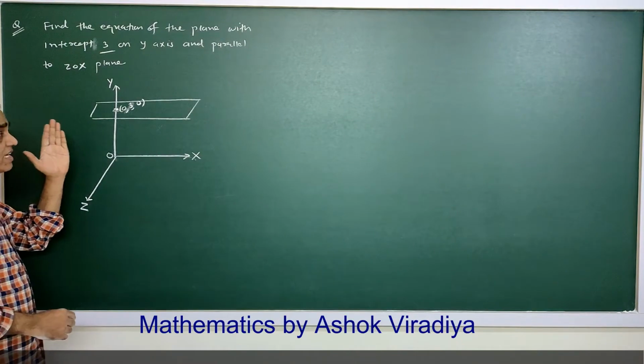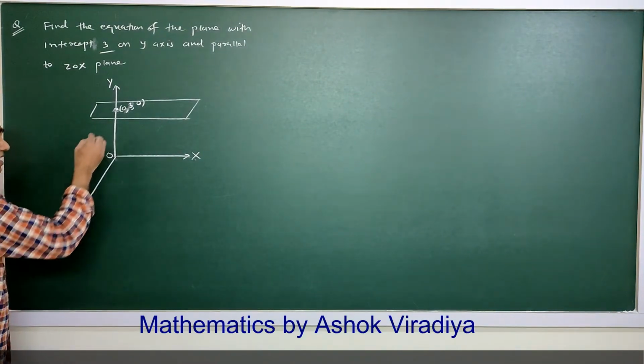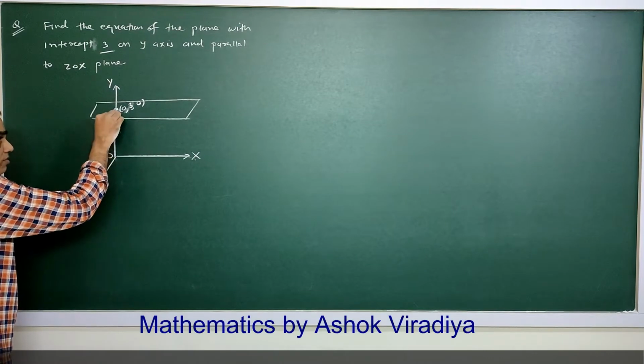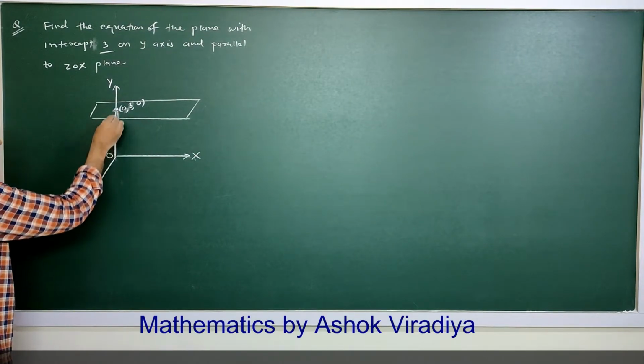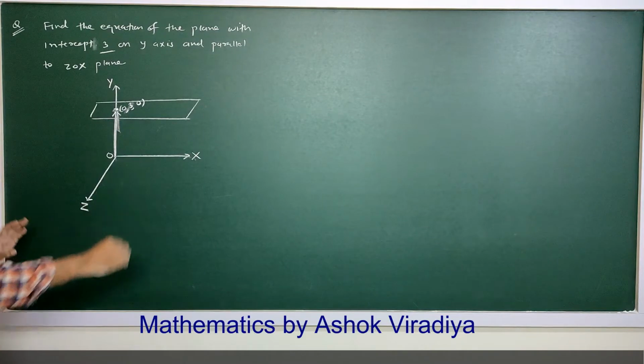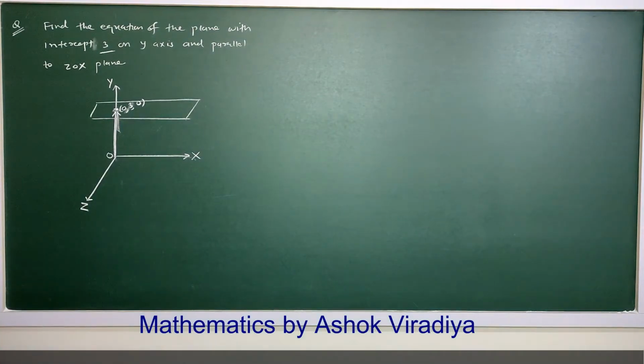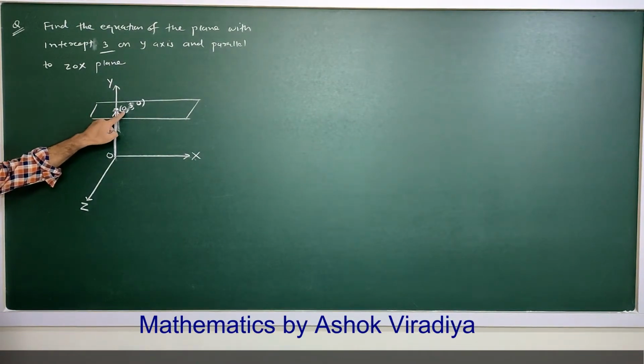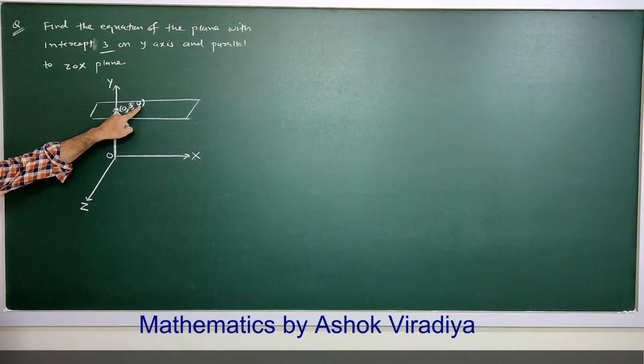Now its normal can be seen. We can take this vector as the normal, perpendicular to this plane: 0i plus 3j plus 0k.